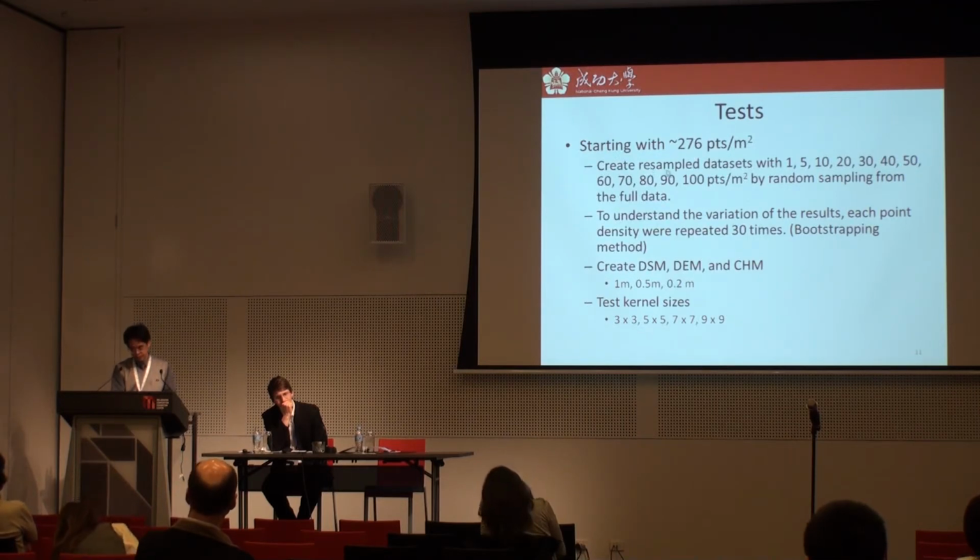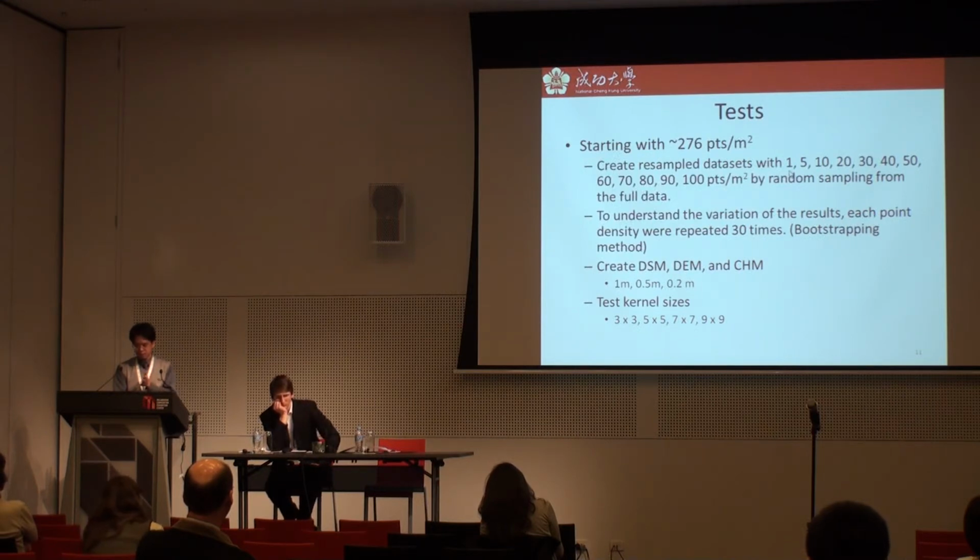First, we create resampled data sets with 1, 5, 10, 20, 30, 40, 50, 60, 70, 80, all the way to 100 points per meter squared, so that we can play with the data. We resample the data and create artificial data sets with those point densities, and they are resampled randomly.